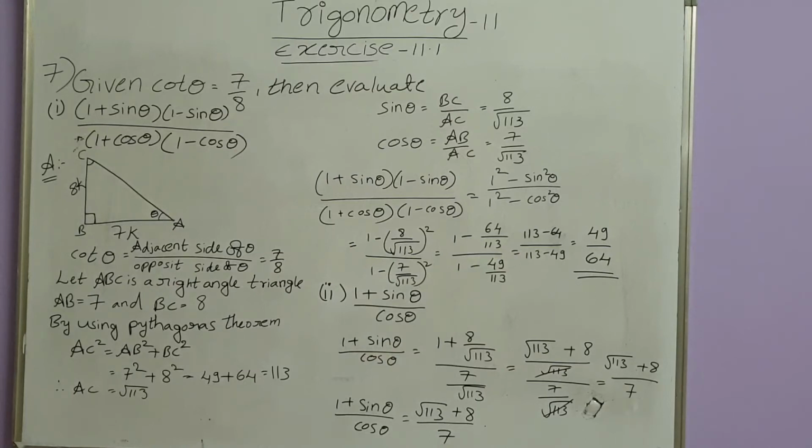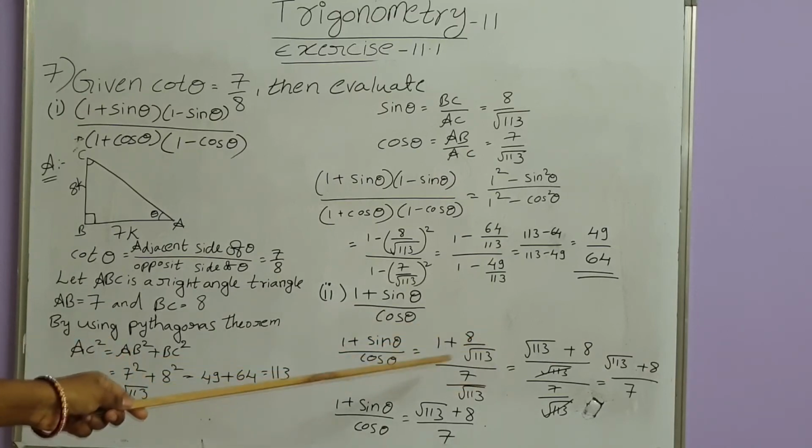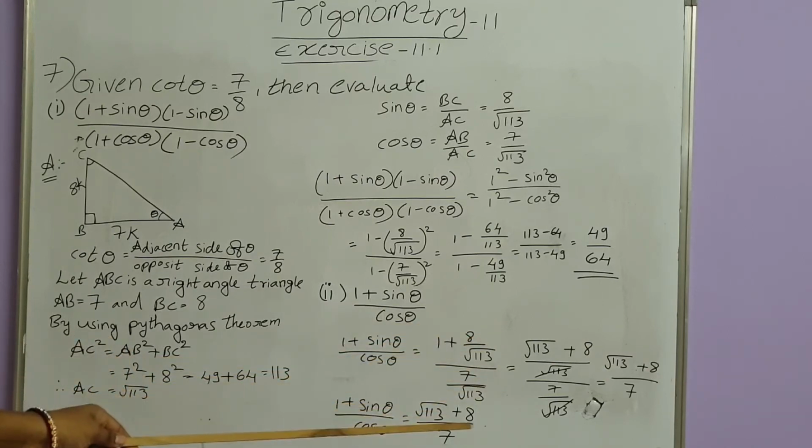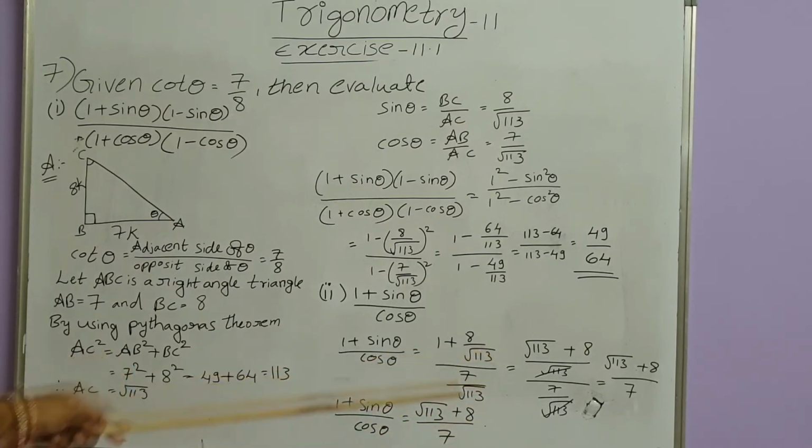So root of 113 plus 8 by root of 113, by 7 by root of 113. So these two are cancelled. We get root of 113 plus 8 by 7. So 1 plus sin theta by cos theta is equal to root of 113 plus 8 by 7.